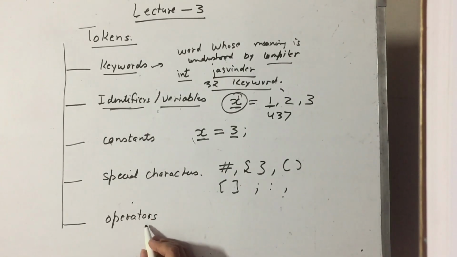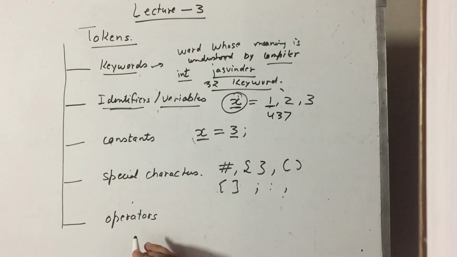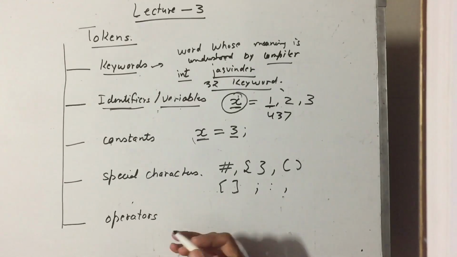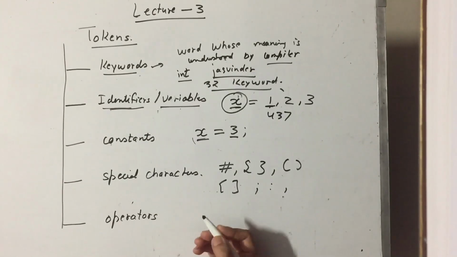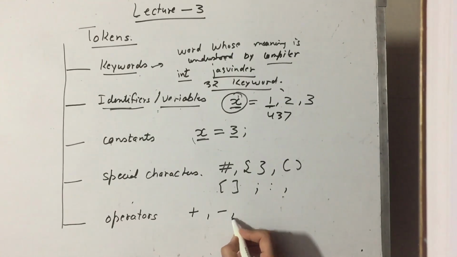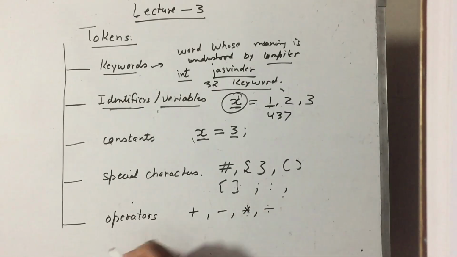Then we have operators. Operators include so many things. We will be discussing operators in detail. For the time being, I will just explain what an operator is. An operator is something like plus sign, minus, maybe multiplication, and then division. These are called operators.